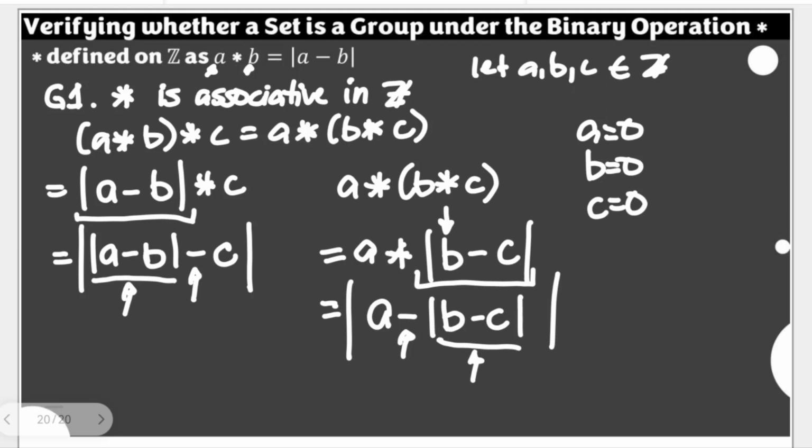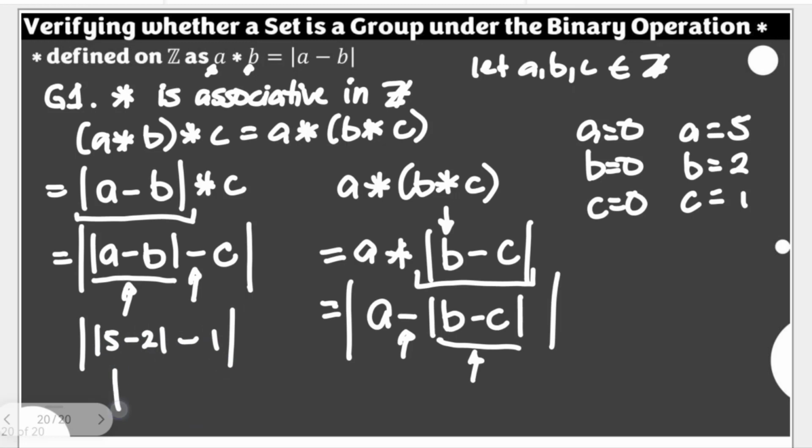Let me give another example. If A is 5, B is, let's say, 2, and C is equal to 1, you will have the absolute value of 5 minus 2, then minus 1.